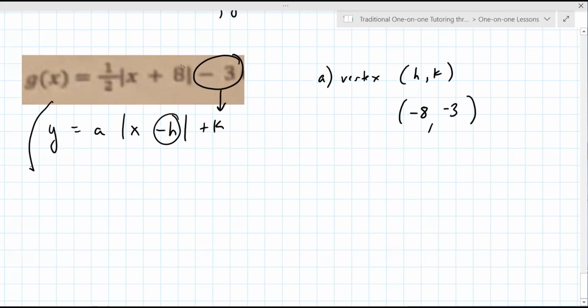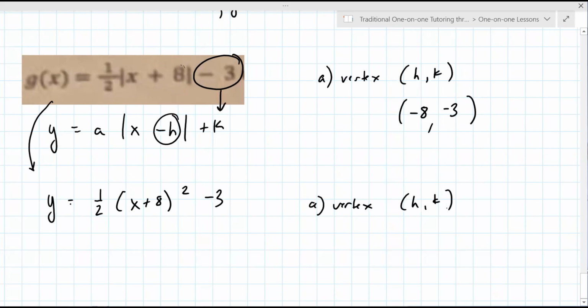Now just real quick here. If I wrote y equals 1/2 (x plus 8) squared minus 3, and I asked you for the vertex, it's the same thing. You look inside here. If I'm looking at this, let's say it was x minus 8 instead of x plus 8, I write it as +8.